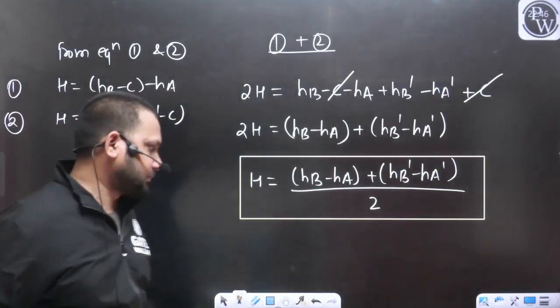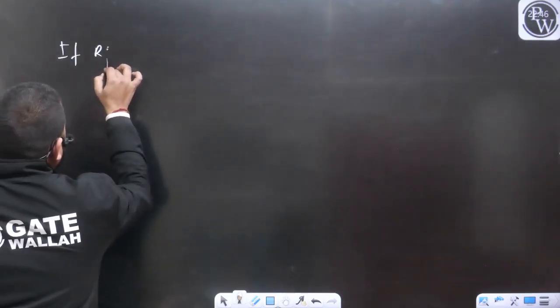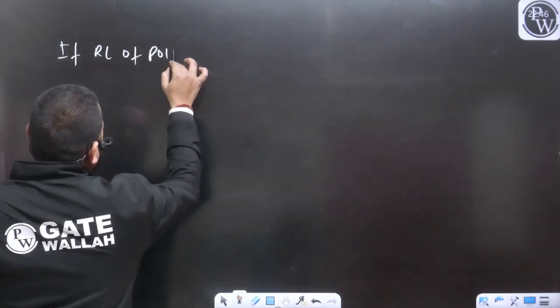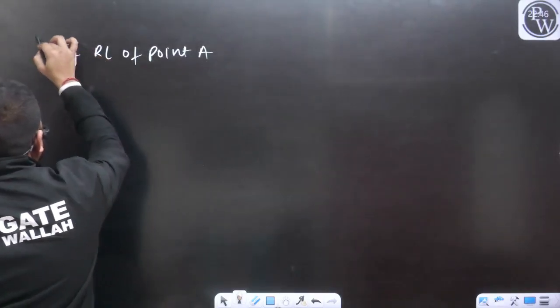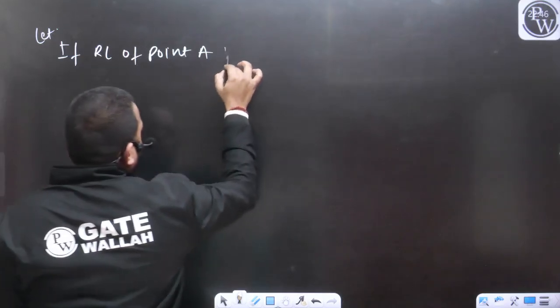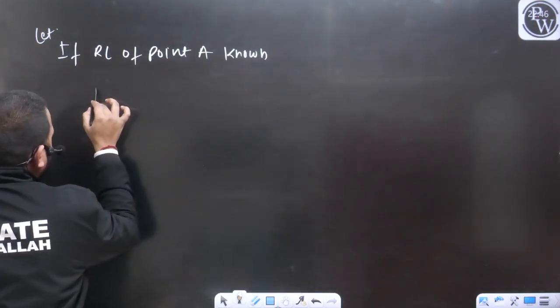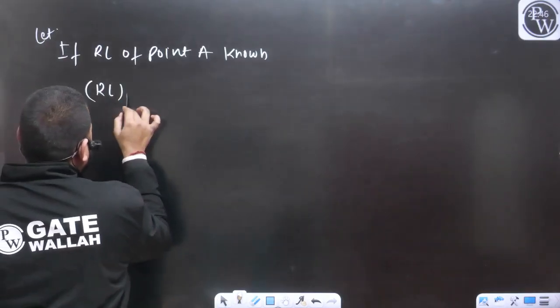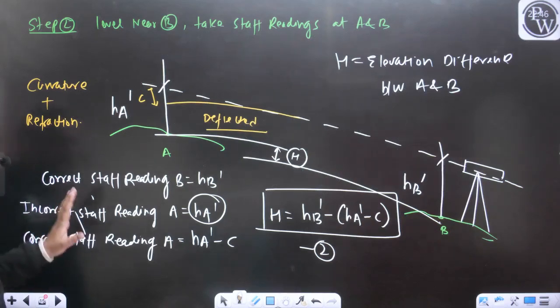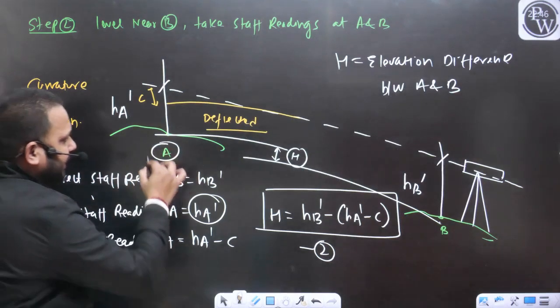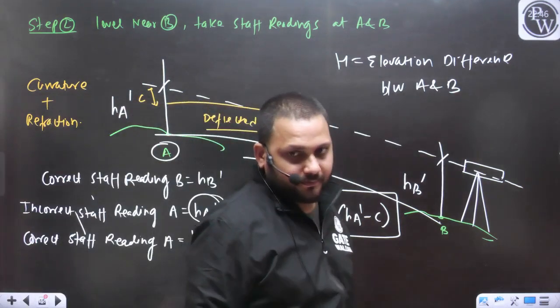And now let's say RL of point A is known to you. Now if I am asked about what will be the RL of the point B for this example, can you tell me if the RL of point A is known to us?